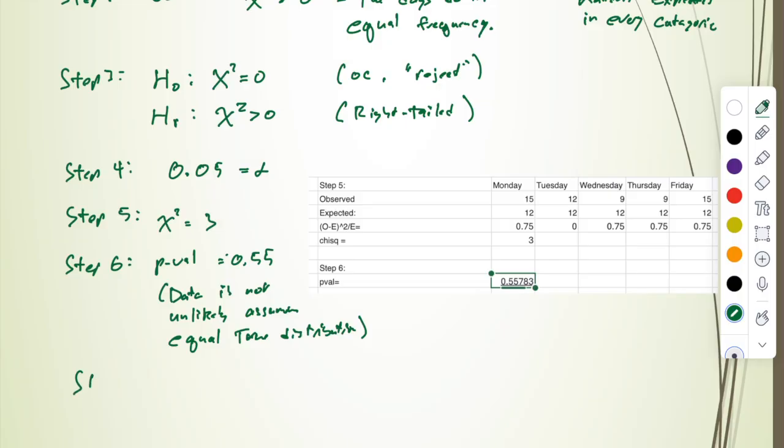Okay, step 7. Is P less than alpha? Answer, no. So I'm going to fail to reject.